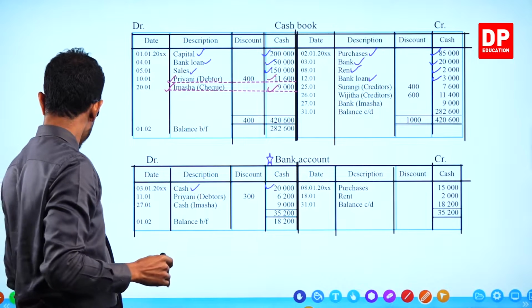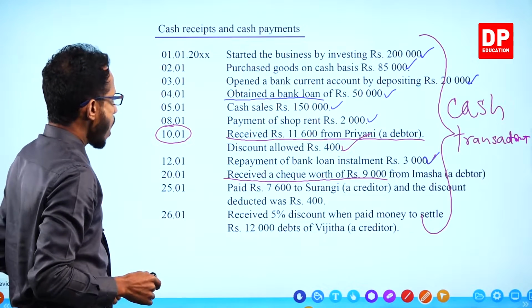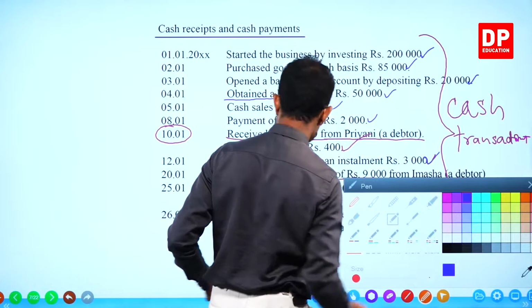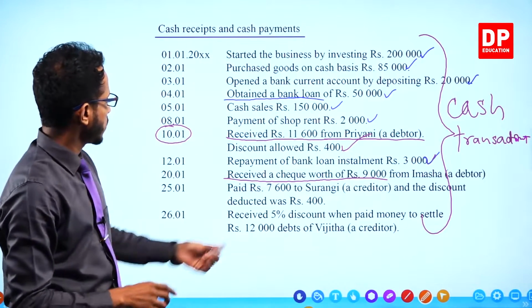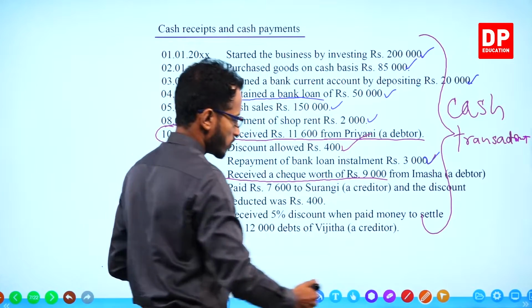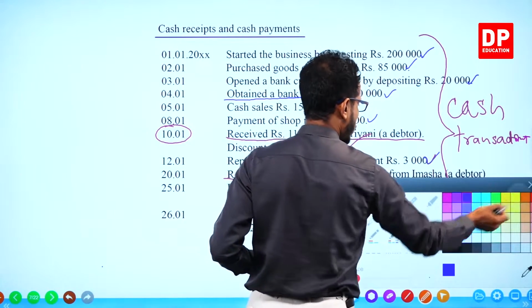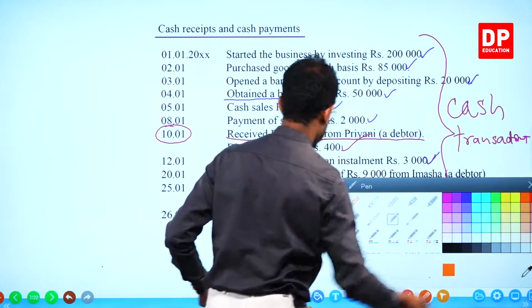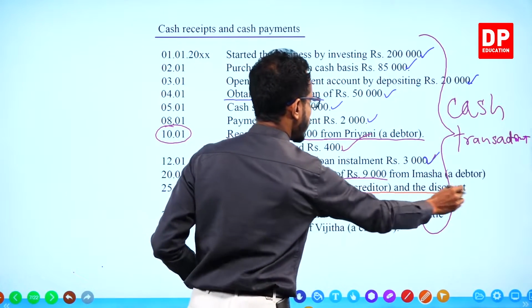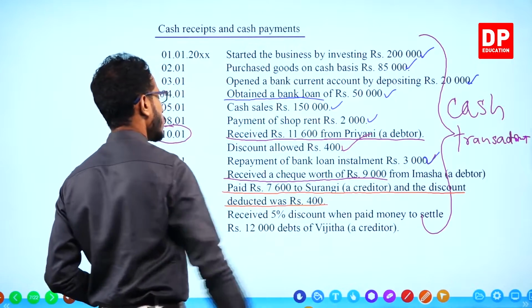Okay. Another transaction of a payment. Paid 7,600 to Surangi, creditor. Okay, we'll use another color for creditors. Paid 7,600 to Surangi and discount received.